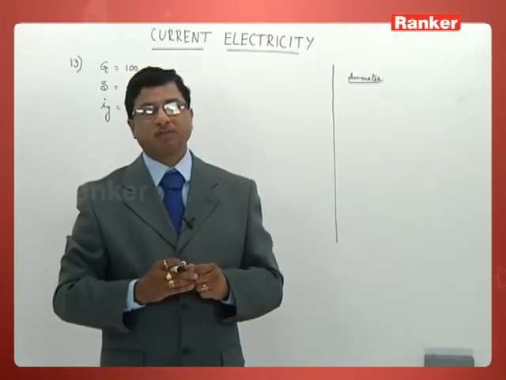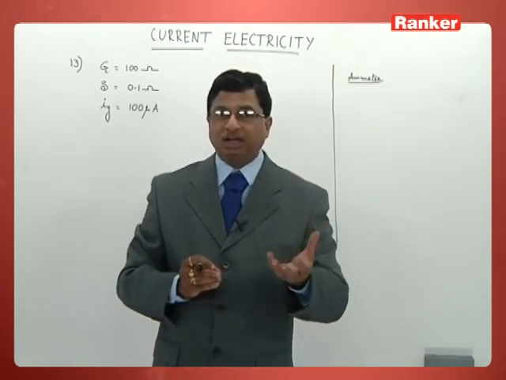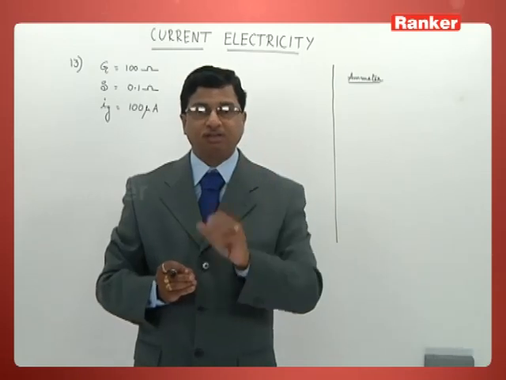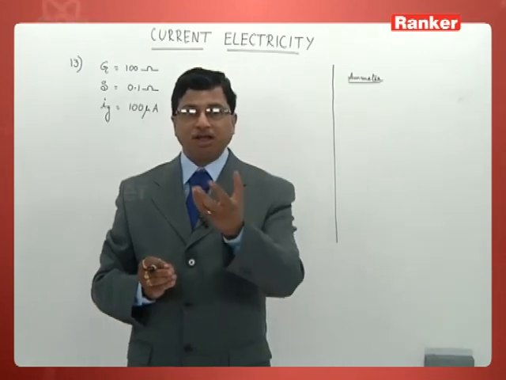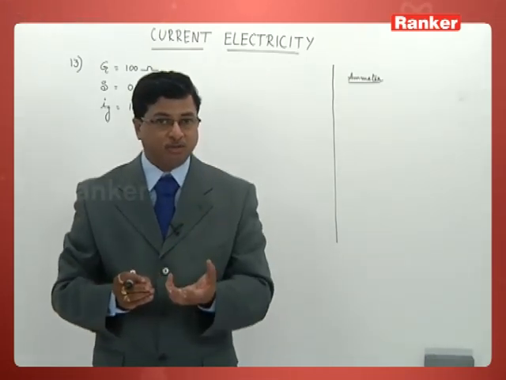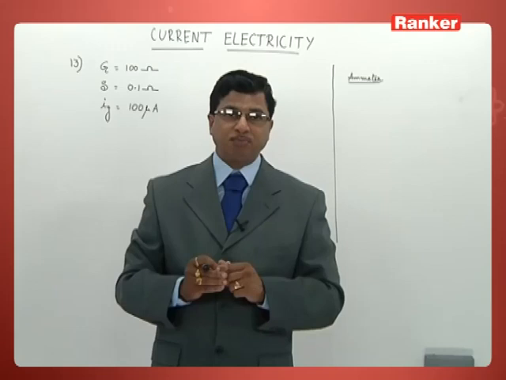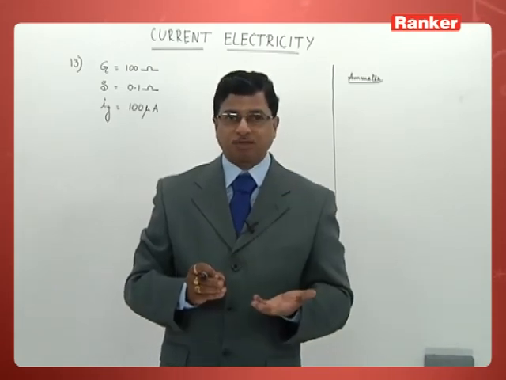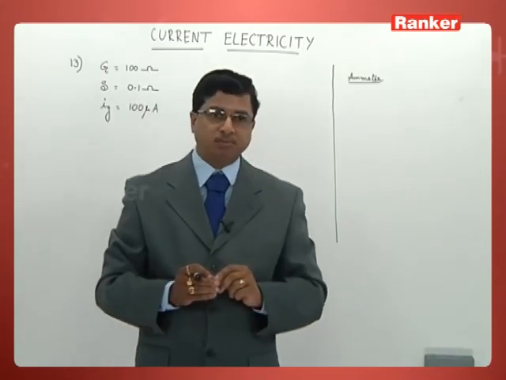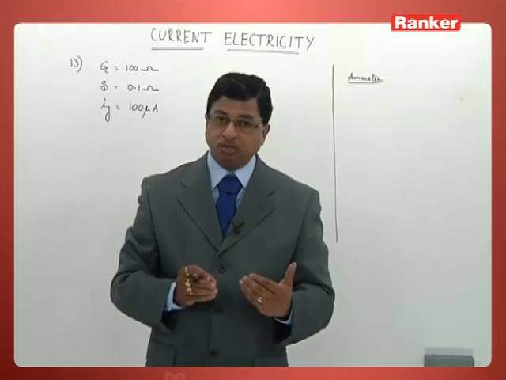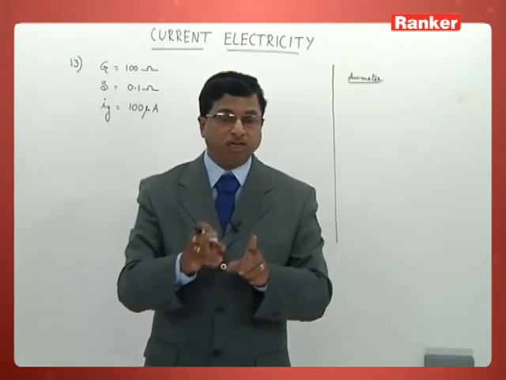If you want to measure larger currents, we go for an ammeter. When we want to measure very small currents with utmost accuracy, we take a galvanometer. In true sense, the galvanometer is the only instrument which was constructed in the beginning. A galvanometer can be converted into an ammeter.